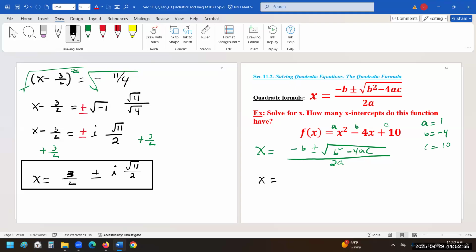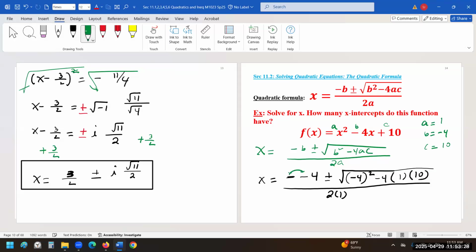So negative b means what? Negative, negative 4. So you have a double negative. Plus minus the square root of negative 4 in parentheses squared, minus 4 times 1 times 10, whole thing divided by 2 times 1.